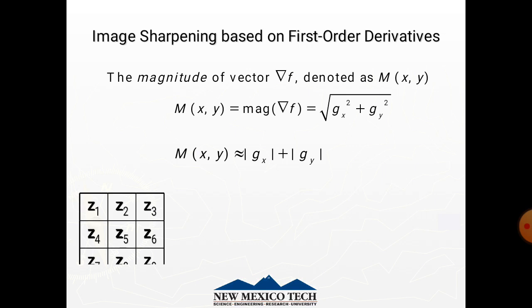As it turned out, the most popular masks used to approximate the gradient are isotropic at multiples of 90 degrees. These results are independent of which of the equations we use, so nothing of significance is lost in using the latter equation if we choose to do so.